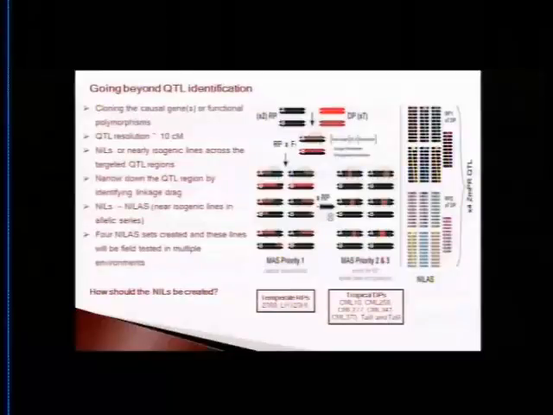But in the process of creating this one set of NILs, there are many questions that come up, like, what should be the selection strategy? There could be many individuals with recombination in the targeted region. Which ones should we select to optimize the complete set of nearly isogenic lines?